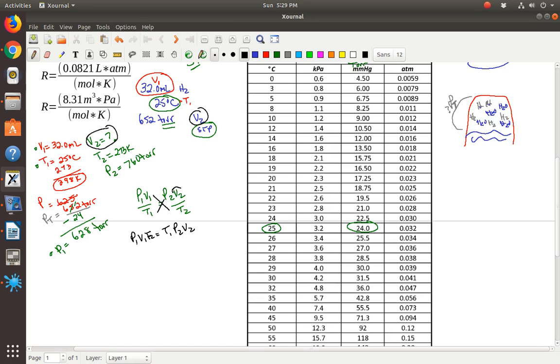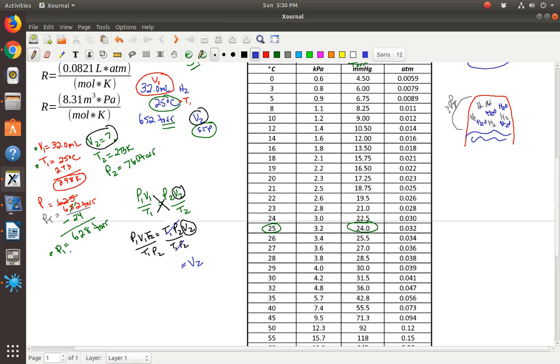So I'm going to isolate this V2 right here. I'm going to divide both sides by T1 and P2 so that they cancel out. So now I have V2 equals P1V1T2 divided by T1 and P2.